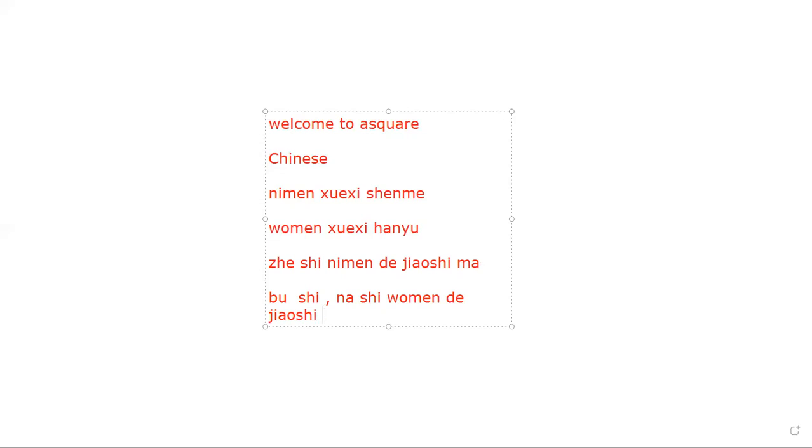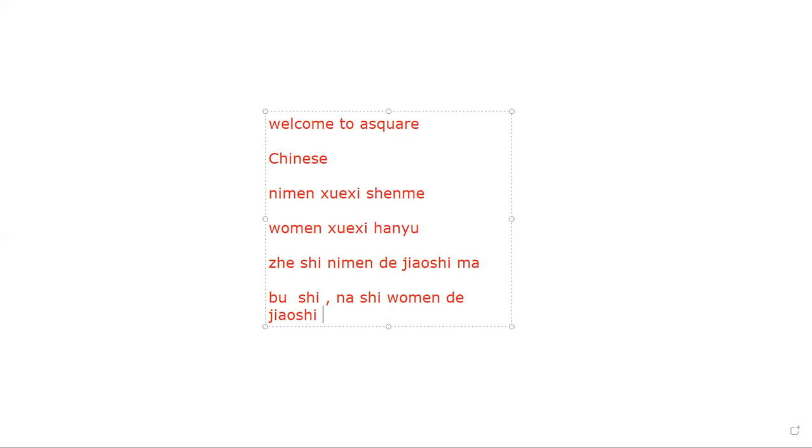That is a teacher. Now, for example, there are two teachers. I'm saying zhe shi nimen de laoshi ma. If I ask you, zhe shi nimen de laoshi ma, bu shi, na shi women de laoshi. Now, what are you saying? Listen to me very carefully. If I'm asking, is this your teacher, zhe shi nimen de laoshi ma, you will say bu shi.